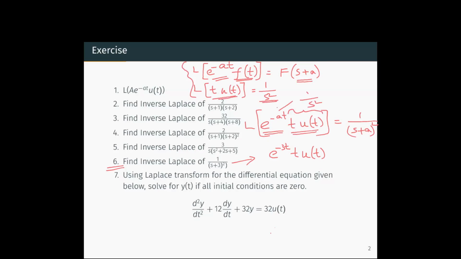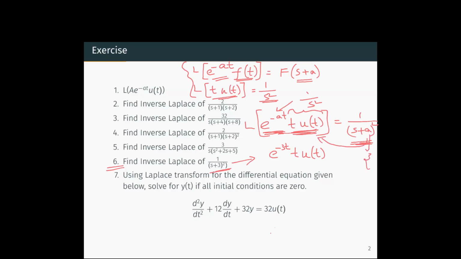When you multiply our function t u of t with e raised to minus at, wherever s is there, you replace that with s plus a. So it is 1 by (s plus a) the whole square. So the Laplace of e raised to minus at t u of t is 1 by (s plus a) the whole square. Here our function is 1 by (s plus 3) the whole square, so we replace a with 3.